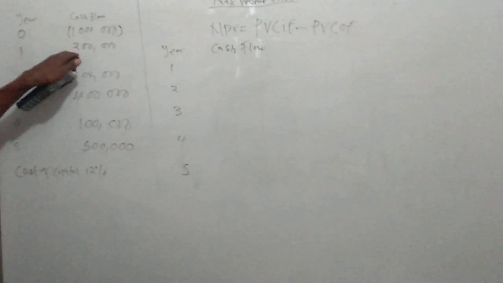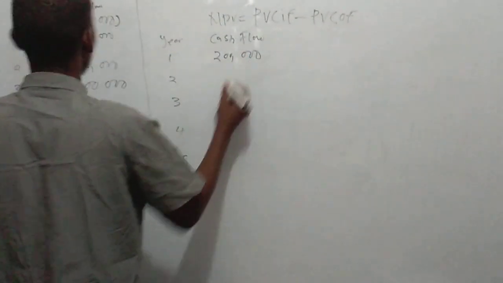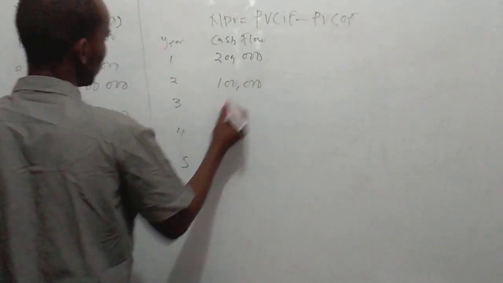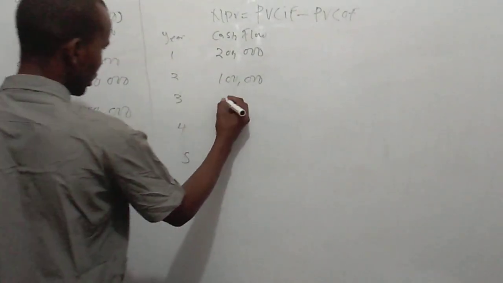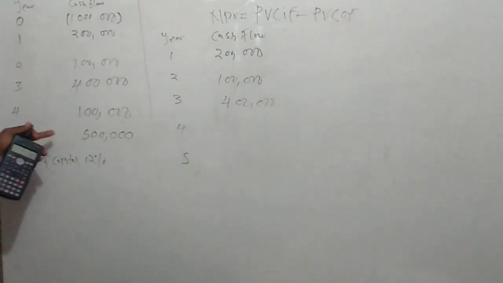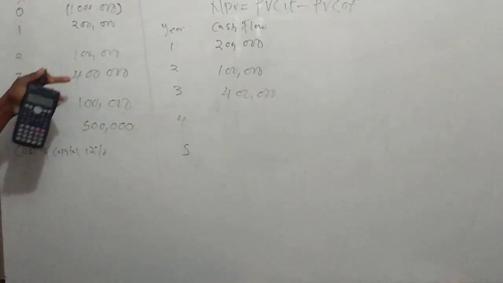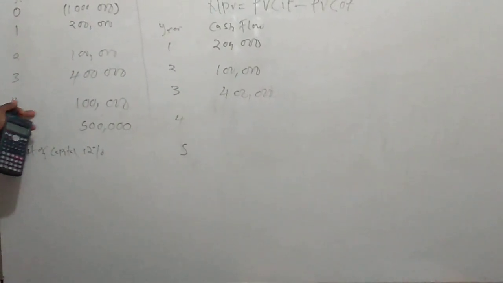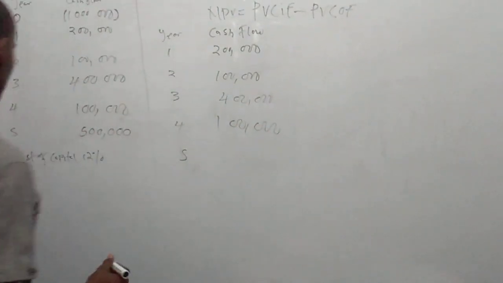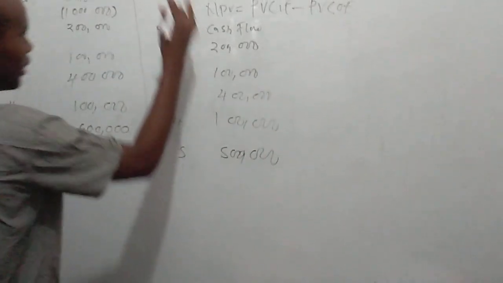The cash flow for year 1 is 200,000, year 2 is 100,000, year 3 is 400,000, year 4 is 100,000, and year 5 is 500,000.